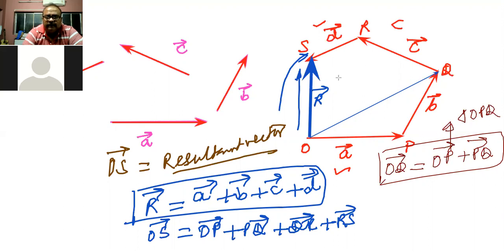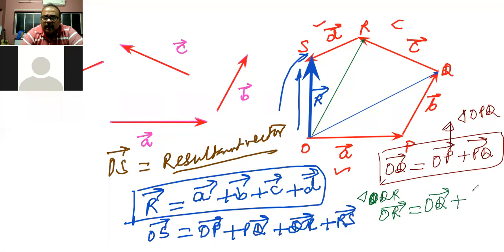Just consider this. If I join this one, and in this triangle OQR, what can I say? I can say that OR vector is equal to OQ vector plus QR vector, isn't it? Using the triangle law.